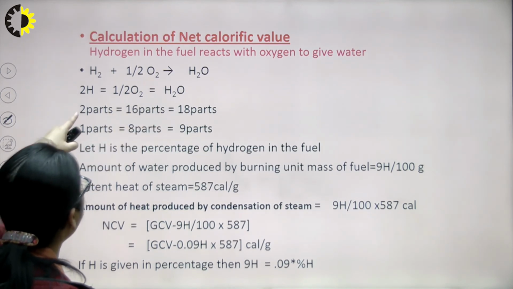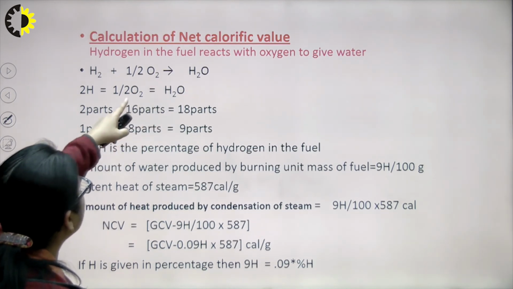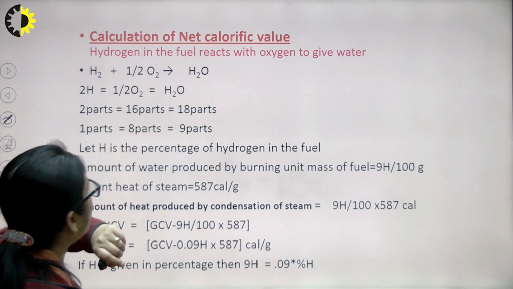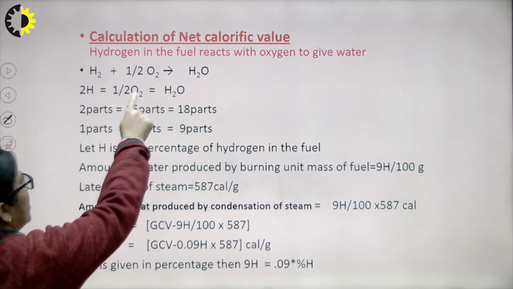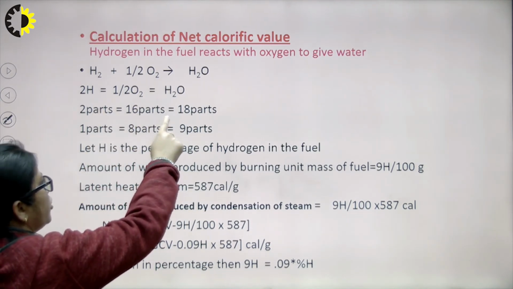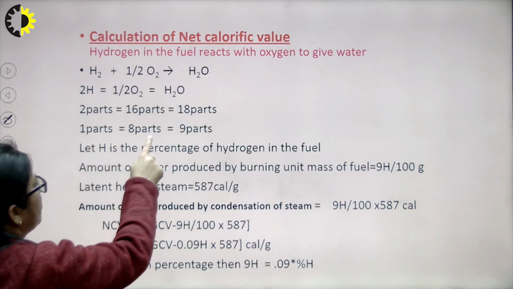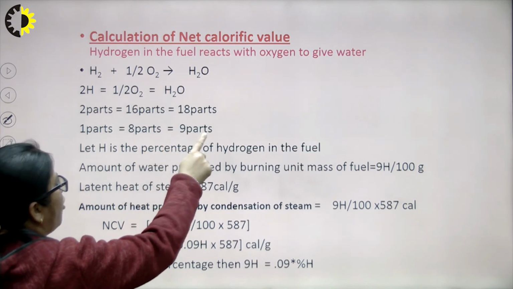You can say 2 parts of hydrogen combine with 16 parts of oxygen to form 18 parts of water. Or rather we can say 1 part of hydrogen combines with 8 parts of oxygen to form 9 parts of water.